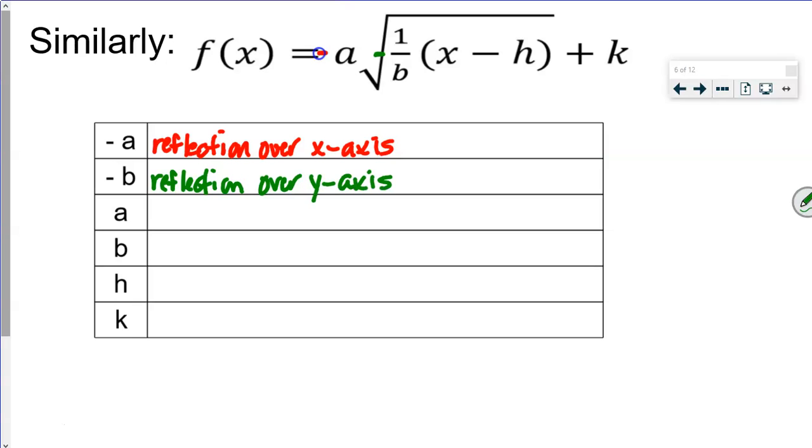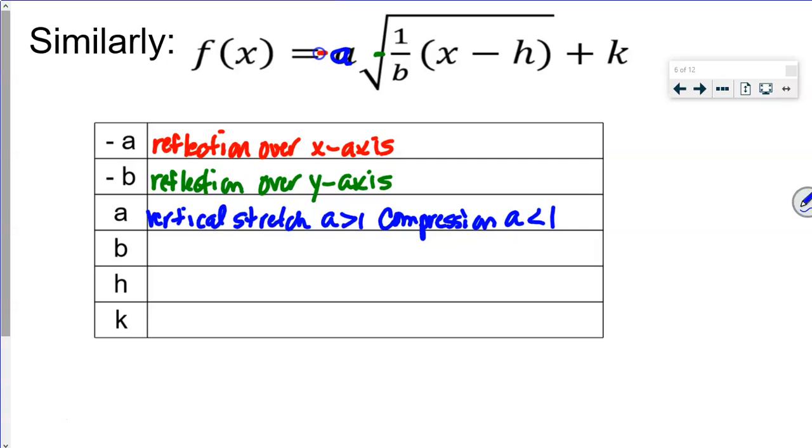Now, we already talked about a, if you recall. We said a out here, this a, is a vertical stretch when a is greater than 1, and it's a compression when a is less than 1, okay?